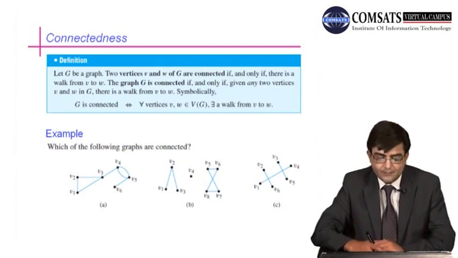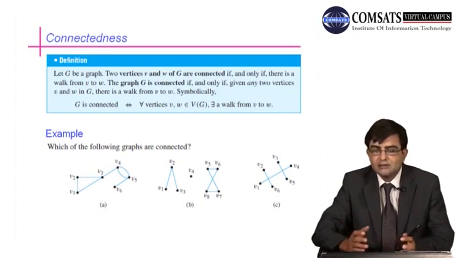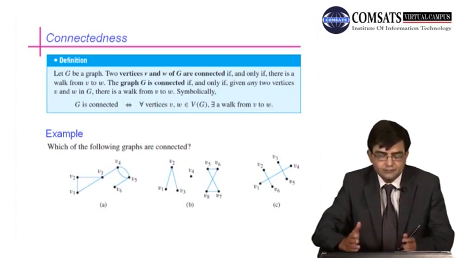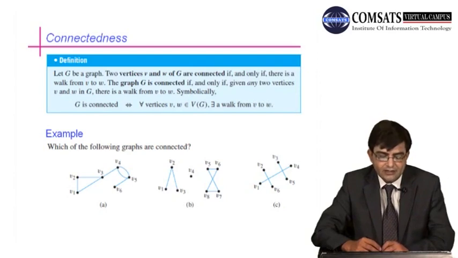If you want to investigate whether a graph is connected or not, that is, whether all the vertices of the graph are connected by some edges, how can we investigate this? Here is a definition which tells us whether a graph is connected or not.